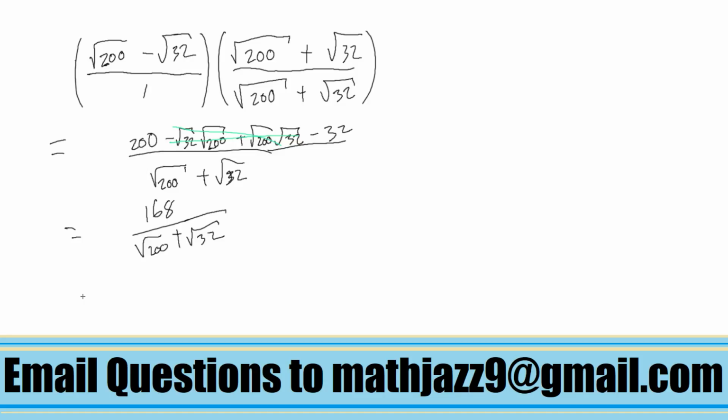This technique here of multiplying an expression with radicals by a fraction where we switch the signs, that's called rationalizing the numerator if our radicals were in the numerator to start with. It's called rationalizing the denominator if the radicals are in the bottom.